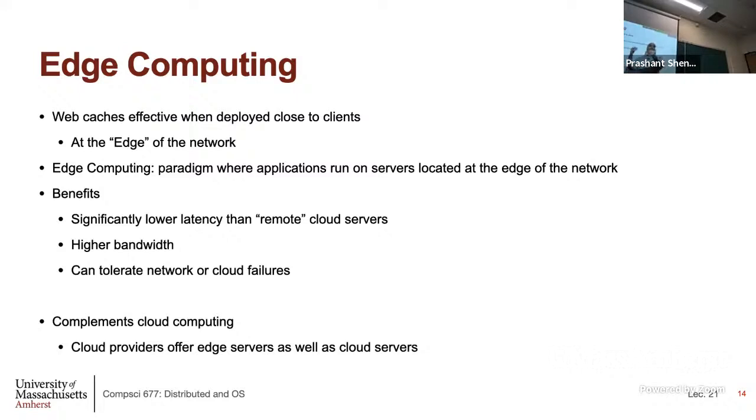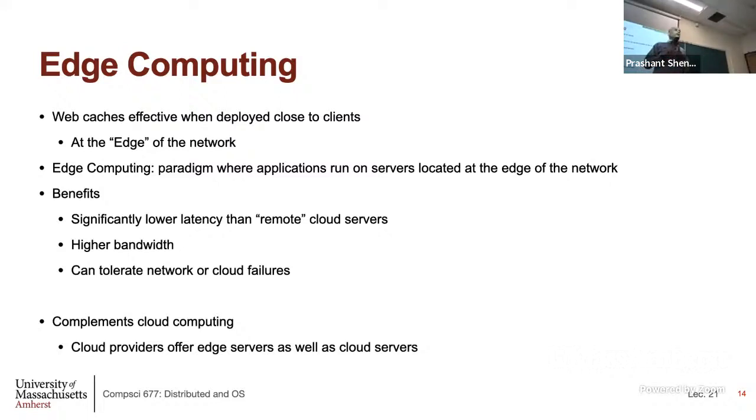Okay, so the edge of the network is where clients connect to the network. Okay, so this has led to a paradigm called edge computing, where you put server resources close to users. Okay? And these servers can provide various types of useful services. The servers could be proxies in many cases, okay? Or they could be regular servers as well. Okay? So it could be either a proxy server or just a standard server.